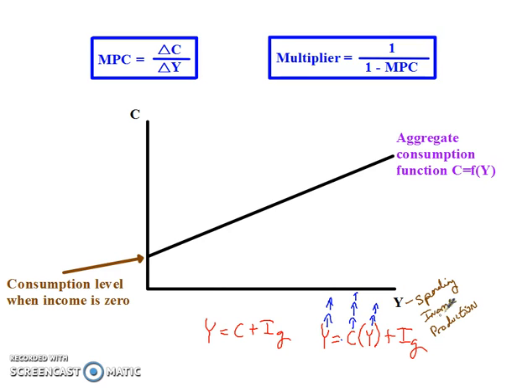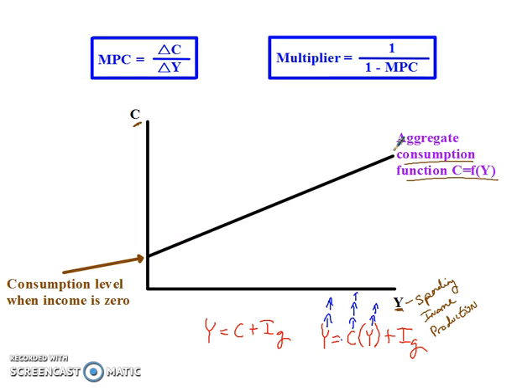But let's think about specifically income right now. And then on the vertical axis, we have the total consumption in society. And what we find is there's a positive relationship between income and consumption. That is to say that when income goes up, consumption goes up. And so we have an upward sloping consumption function. When y goes up on the horizontal axis, consumption goes up on the vertical axis.